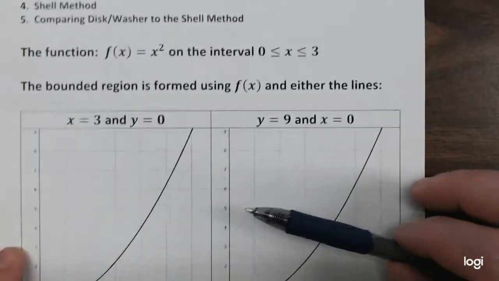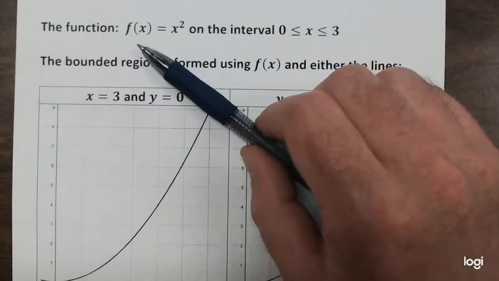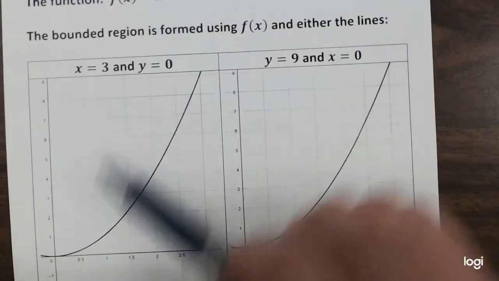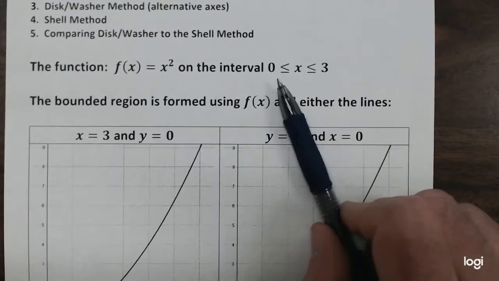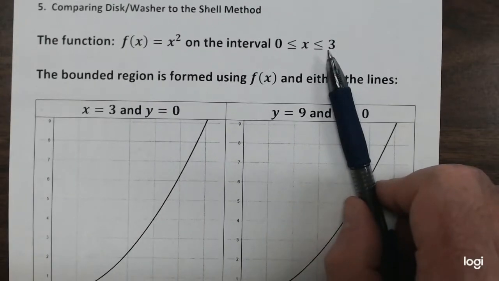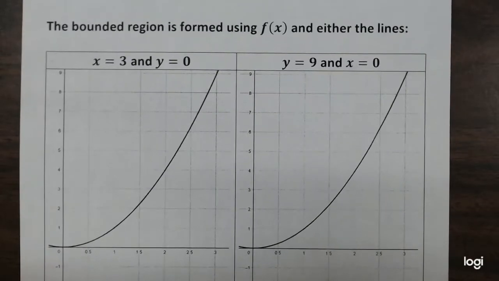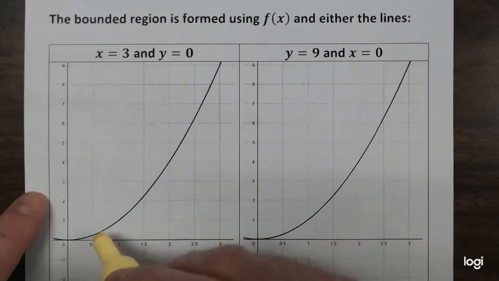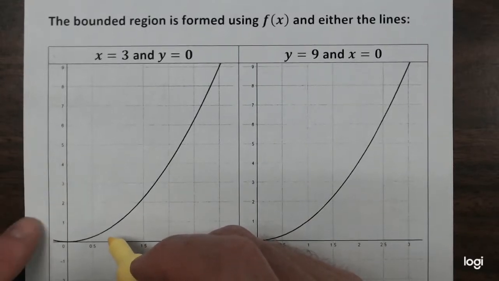For most of these examples in the 5-part series, we're going to be using just the basic function f of x equals x squared, which is a parabola, but we're only going to be using it on the interval from 0 to 3 for x. Just to show you the 2 bounded regions that we're going to be using most of the time. When you hear bounded regions, think boundaries, think like fences.